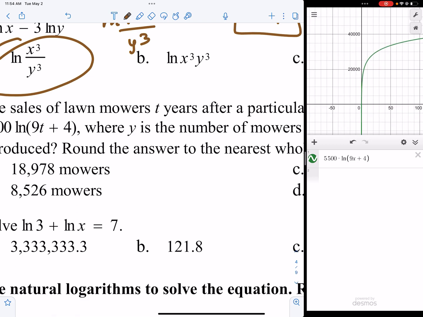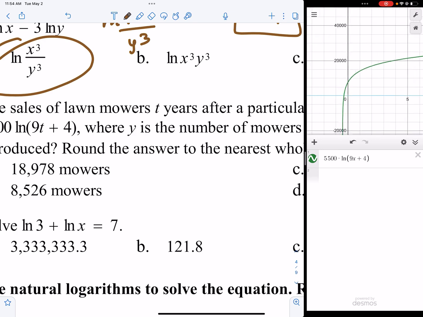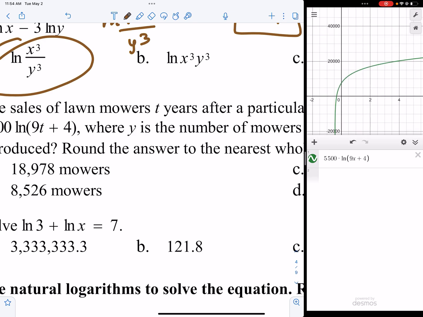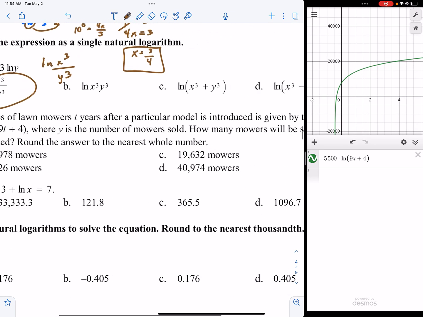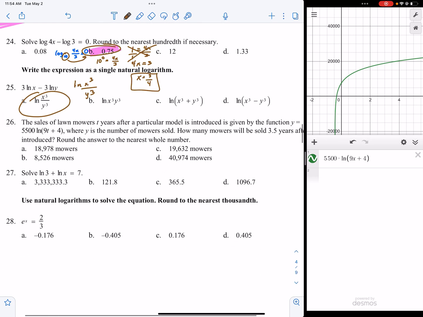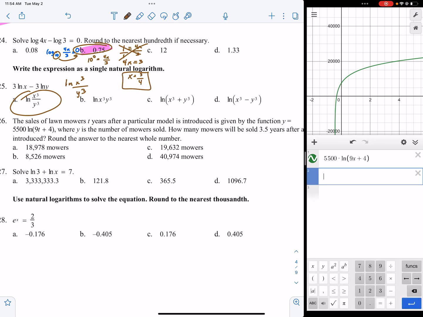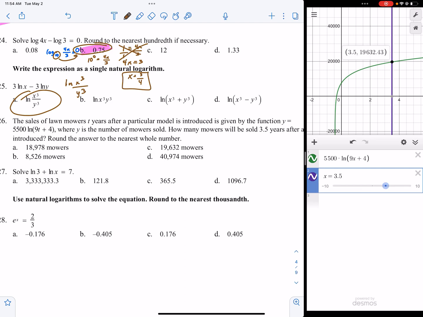Let's zoom in. Okay, let's zoom in. And they want to know how many mowers will be sold in 3.5 years. So x is years, so t, t for time, so x is 3.5, okay? So 19,632. There you go.